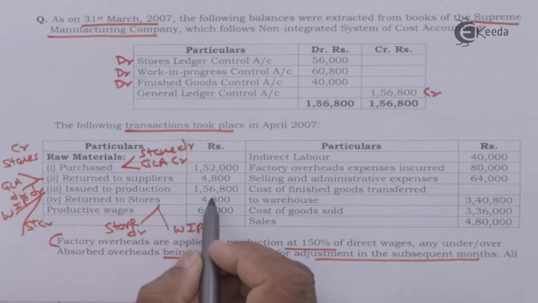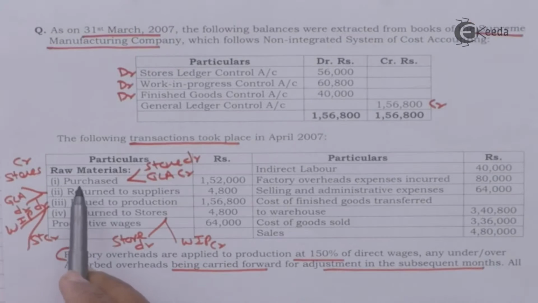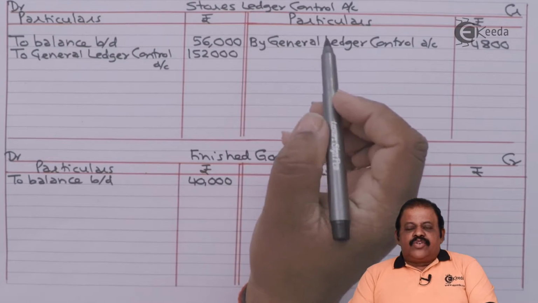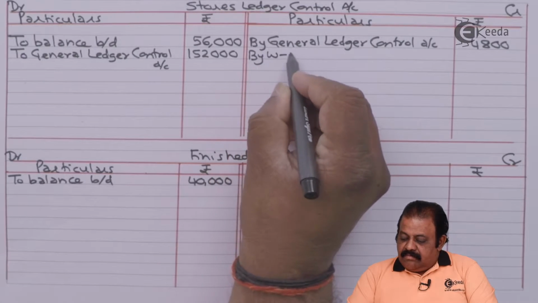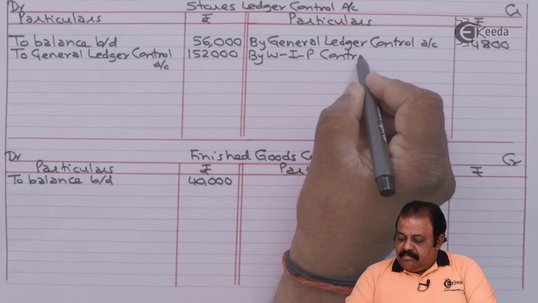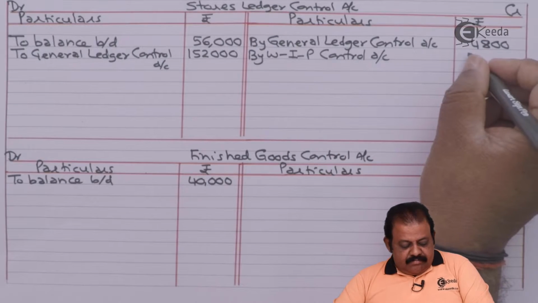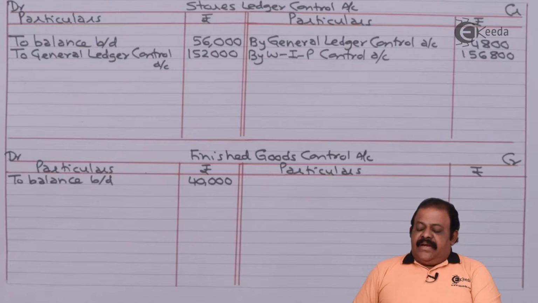Issued to production 1,56,800. This will be credited to stores control account and debited to work in progress control account. Material issued to production 1,56,800. Stores ledger control account credit, by work in progress control account 1,56,800.